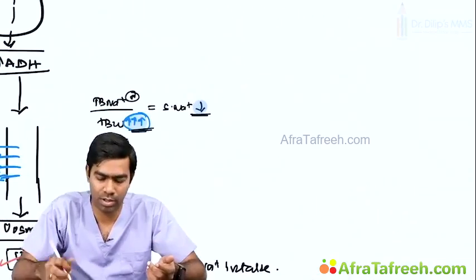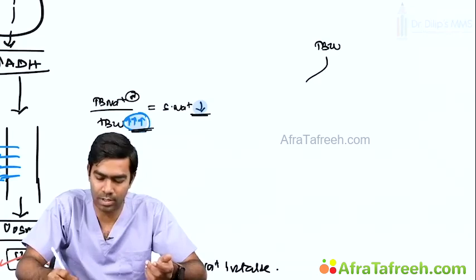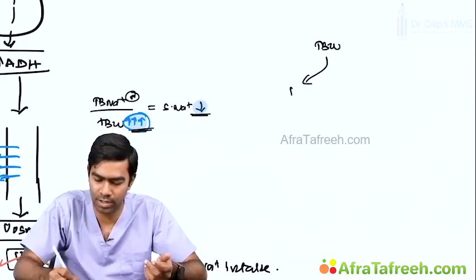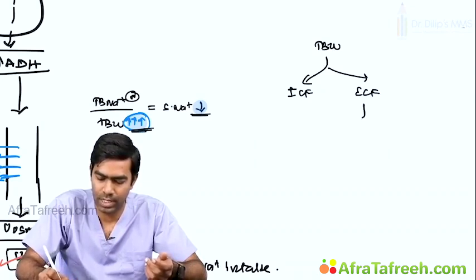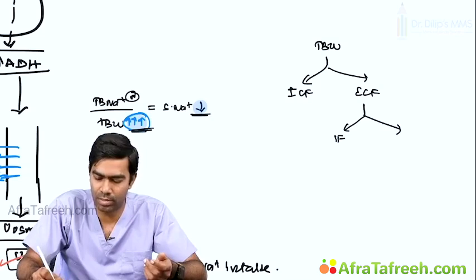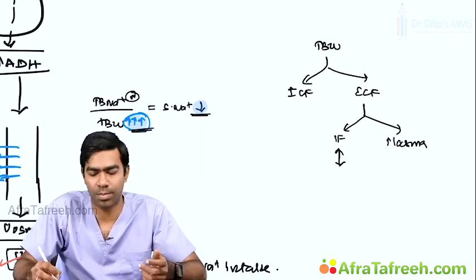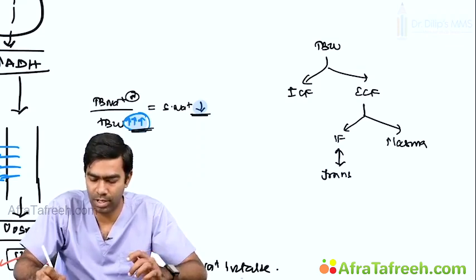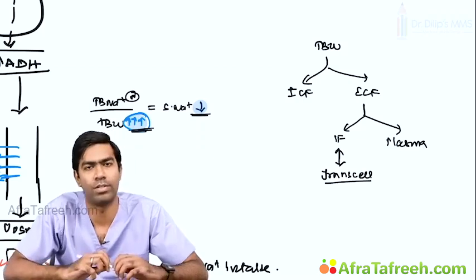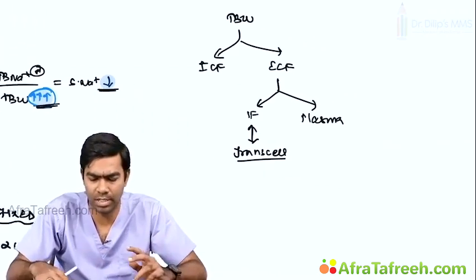So let us go back to our initial base, that is total body water is divided into ICF and ECF. ECF is divided into interstitial fluid and the plasma. Interstitial fluid has one other important sub-compartment that is called the transcellular compartment, where you have body fluids. Fine? So simple, easy to understand.